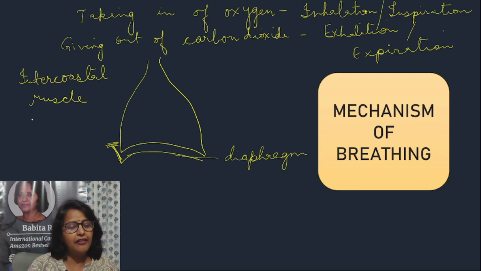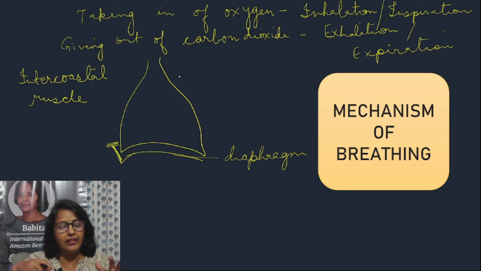So we have two different types of muscles present in the rib cage and between the diaphragm. These two muscles help in contraction and relaxation of the diaphragm, which will either increase the volume or decrease the volume.